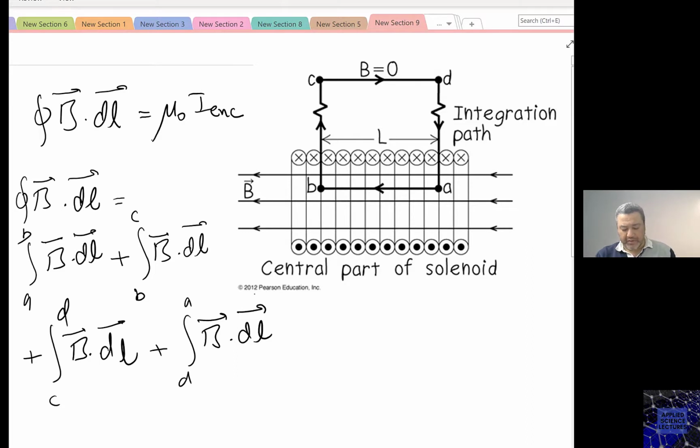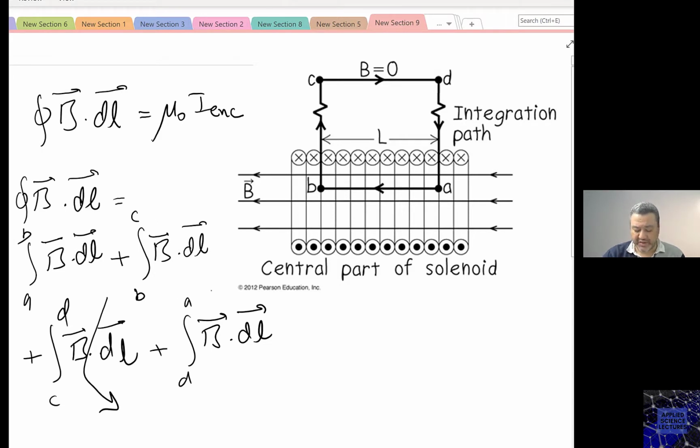Now, because the magnetic field is very weak outside, going in this direction, we will assume that the integral over the path from C to D is zero because the magnetic field is zero. For the other two paths, the one from B to C and D to A, we have the differential element being perpendicular to the magnetic field that is here.